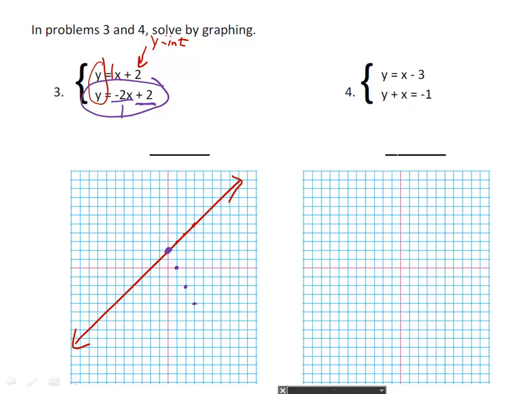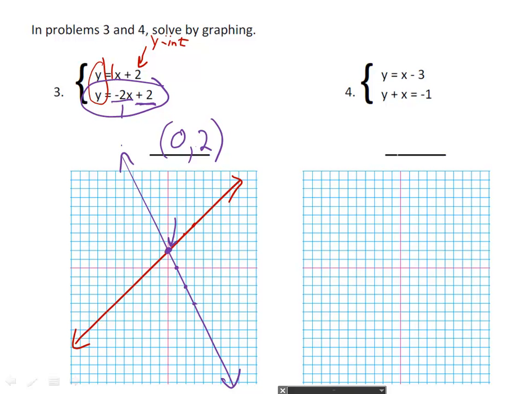And you can see, there it is. You can see our point of intersection. That's the solution to the system right there, where 0, 2 is. So 0, 2 is the solution to that system. Of course, you can see that that would make true statements in this also.